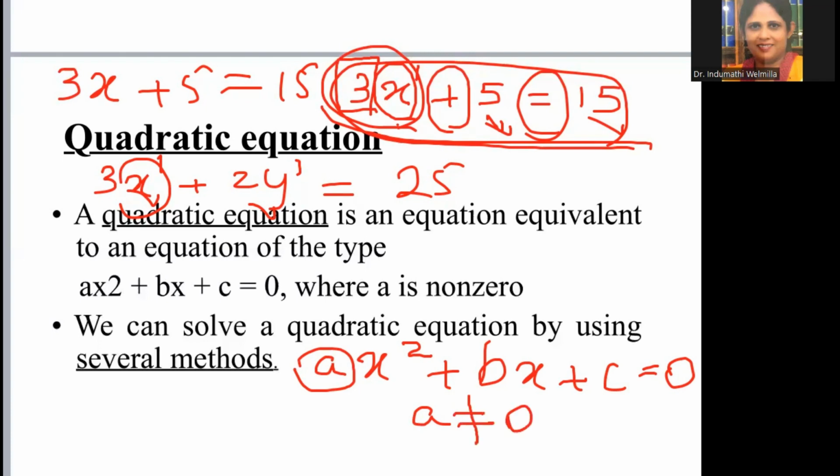Because if a equals 0, then the squared term becomes 0, so there is no squared term. That means this is not a quadratic function.